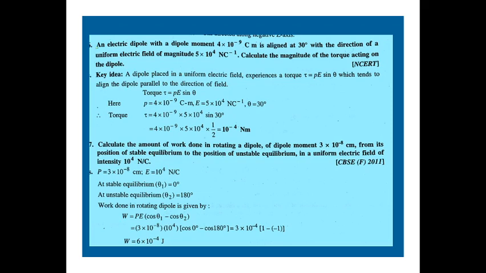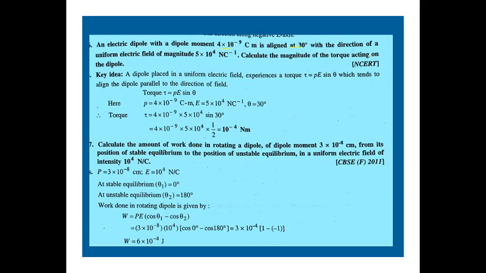Let us discuss another numerical. An electric dipole with dipole moment P equal to 4 into 10 raised to minus 9 coulomb meter is aligned at an angle theta equal to 30 degree with the direction of a uniform electric field of magnitude E equal to 5 into 10 raised to 4 newton per coulomb.